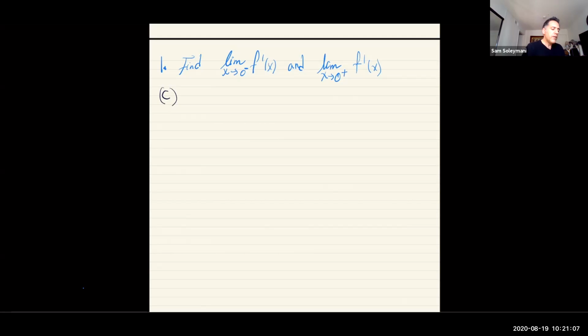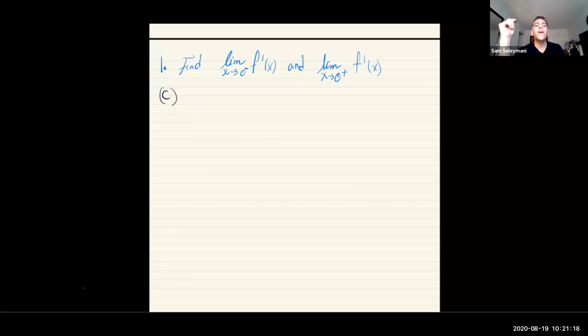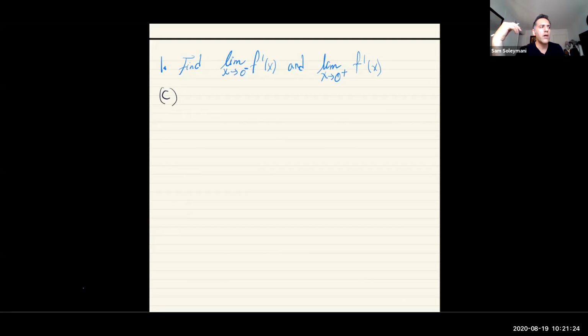You want to investigate the derivative from left or right. Well, you have two options. You can find the derivative function and then take the limit of that, or you can use the definition of derivative. It's up to you, really.